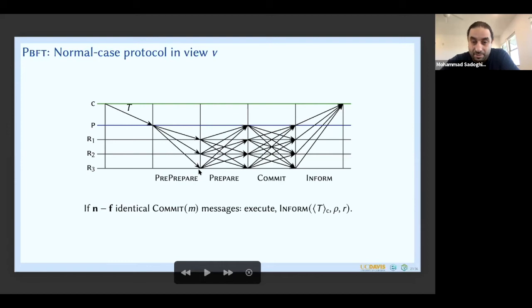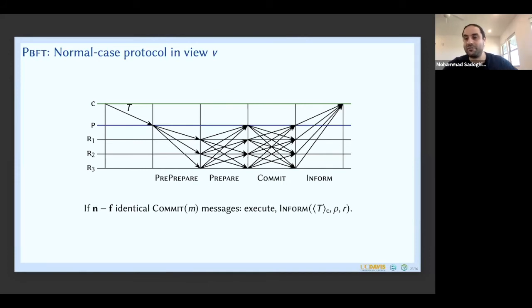So this prepare phase will only succeed in the following way. Once the replicas get a pre-prepare message, they get that proposal message, they all issue a prepare message. We can say the prepare phase has succeeded if a replica receives the same message from a majority of other replicas. If each replica observes that the primary did in fact send the message M to the majority, then they can say, okay, the primary is doing the right thing.